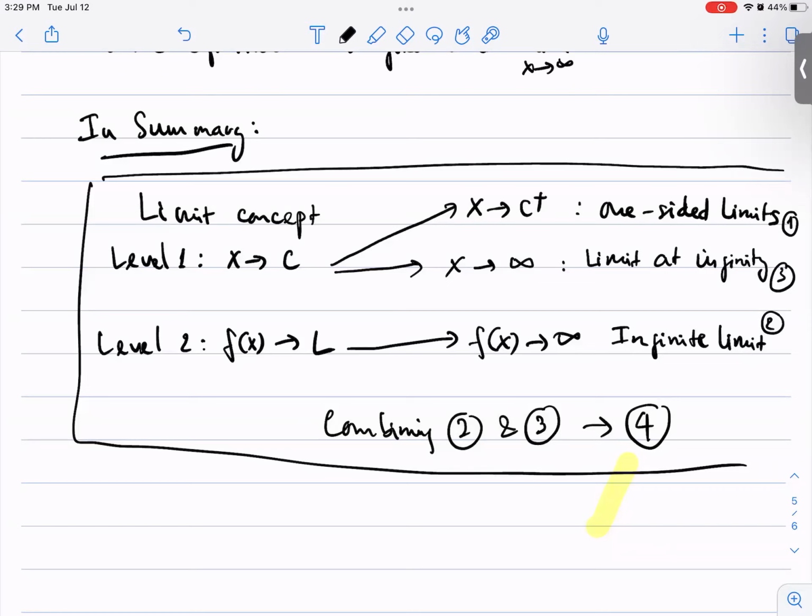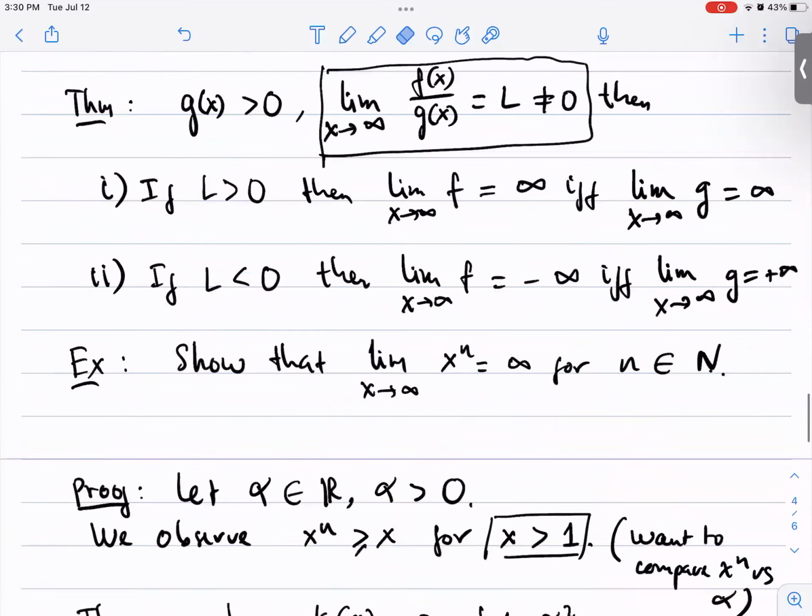At level 2, instead of f(x) approaching L, we can let f(x) approach infinity. That leads to the notion of infinite limit. So these are extensions 1, 3, and 2 we discussed earlier. Combining 2 and 3 leads to the last extension, number 4 here, which is about the infinite limit at infinity.